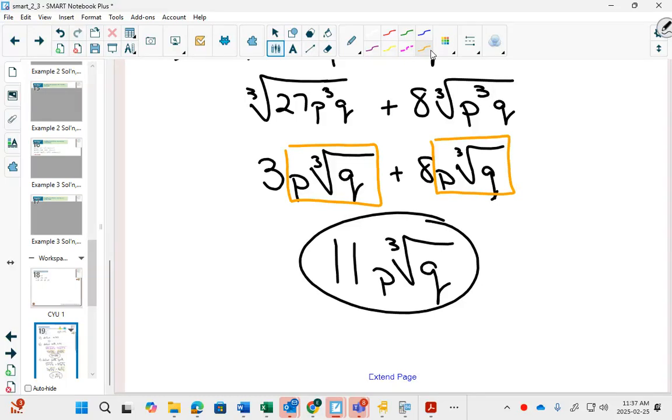It's only if it's an even, a square root, a fourth root, that you have to worry about the absolute value, and you have to worry about where it's defined. Questions you can circle for this one are 5 and 7.